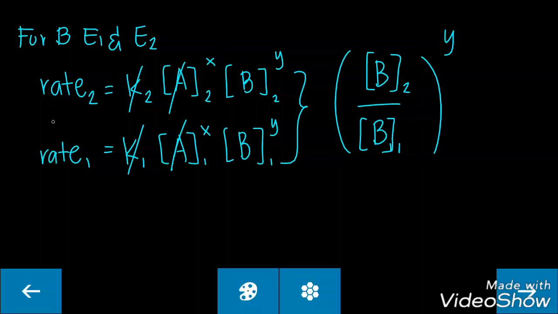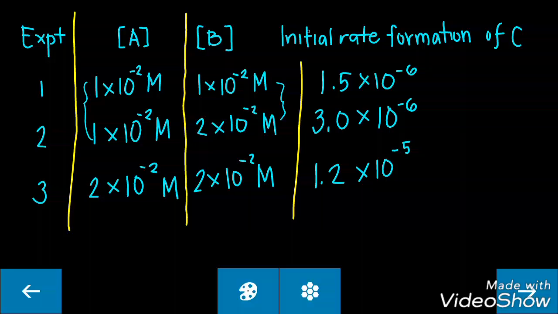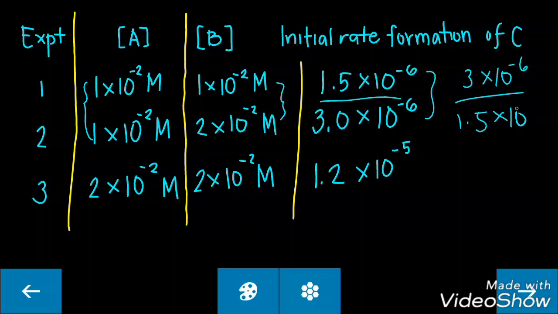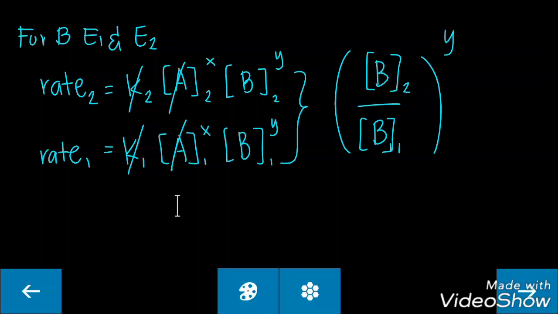Now the rate for the first and the second experiment, rate 2 over rate 1, it is also doubled, so the result is 2. So for the rate, it is 2.